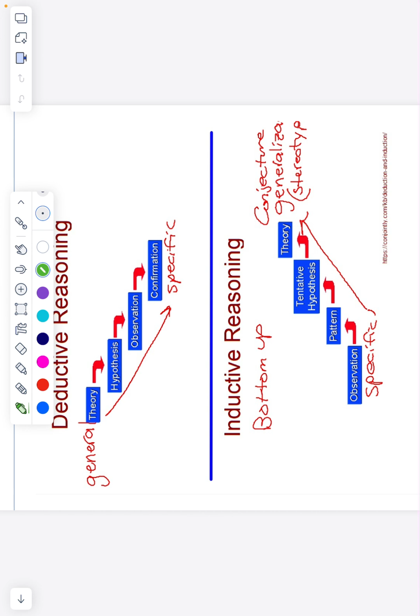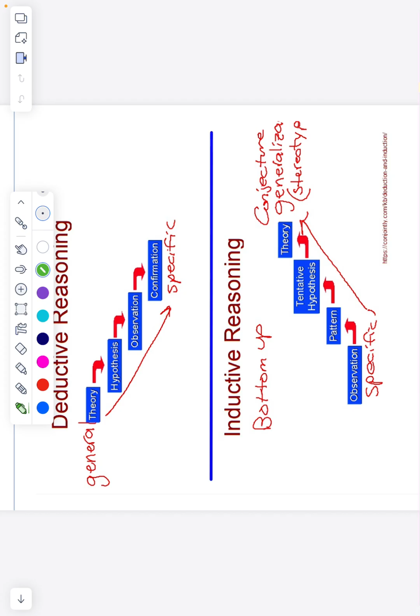We thought, hey, that looks like it's decreasing by 6. So we made a conjecture that that was true. Stereotypes are often conjectures that are unproven, but based on repeated observation. So whether or not a stereotype is true, it typically results from inductive reasoning and observation.